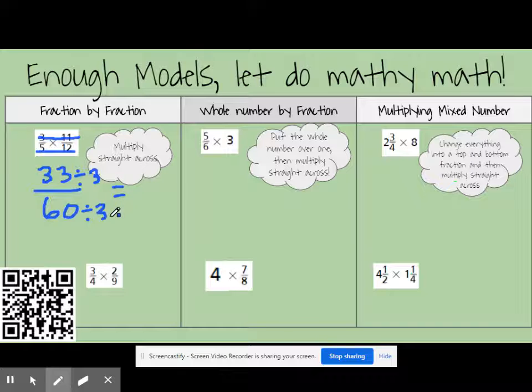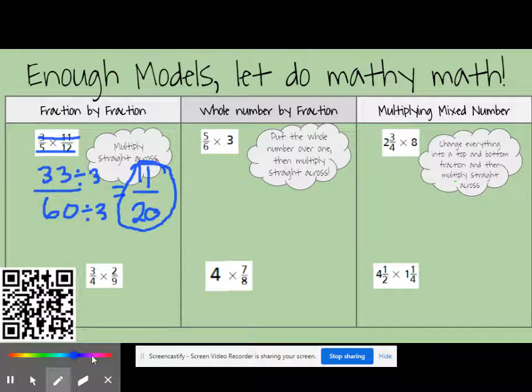You have to make sure that they match. 33 divided by 3 is 11. 60 divided by 3 is 20. There's no longer anything that goes into 11 and 20, so I am done. I want you to try the one down here. So pause, come back to it when you're done, find the product and make sure you simplify.